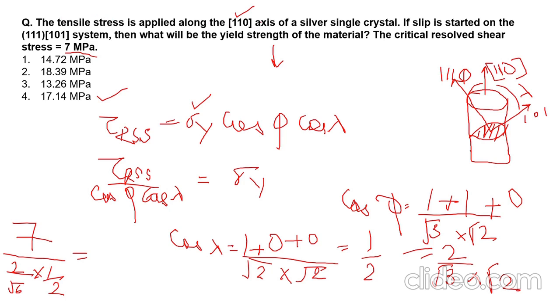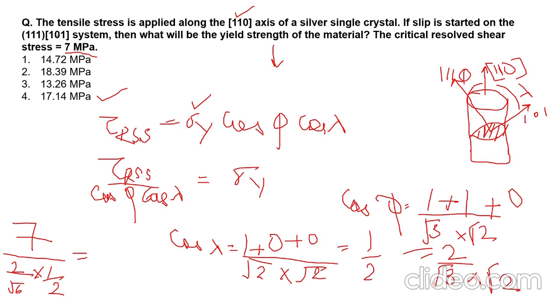My question is how did you match it with the vertical axis? This is your plane. You make a plane because this is a critical resolved shear stress, and you know it is at a certain angle to your tensile stress. So you make this plane. Now it is given in the question that you have 110 as your direction, so I make this 110. Then I have to see what the slip direction is.